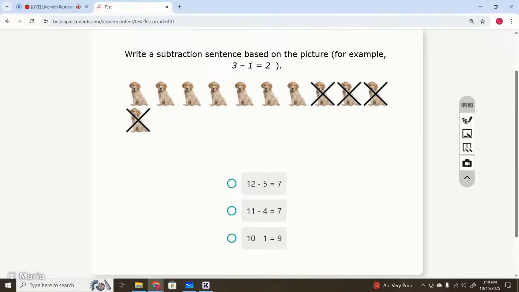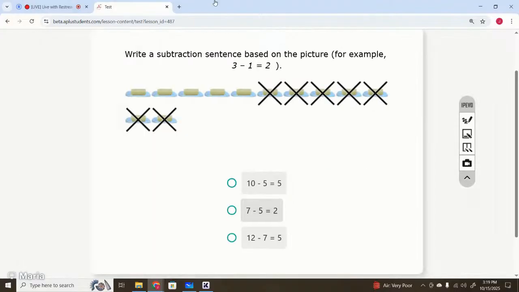Write a subtraction sentence based on the picture. Eleven take away 4 is 7. Option number 2 is the correct option.